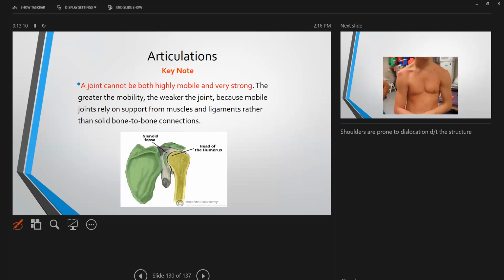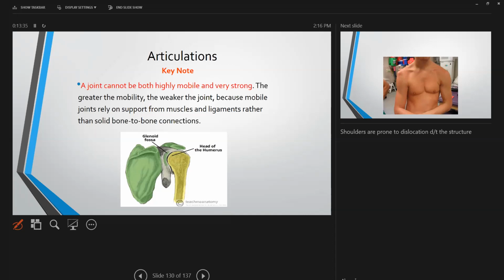So the key is a joint cannot be both highly mobile and very strong. For instance, the shoulder: the greater the mobility, the weaker the joint, because the mobile joints rely on support from muscles and ligaments rather than solid bone connections. The beauty of the shoulder is we can move it through a really vast range of motion.